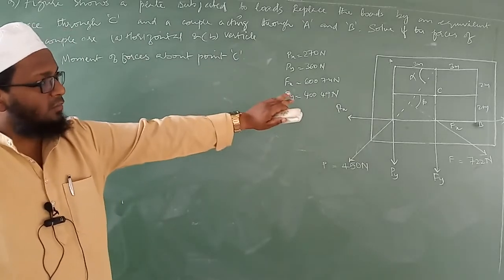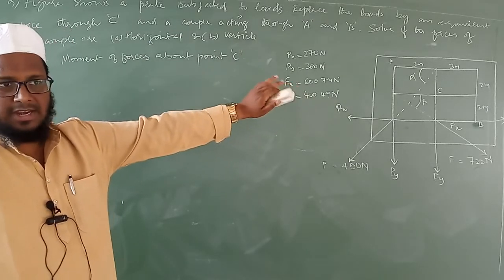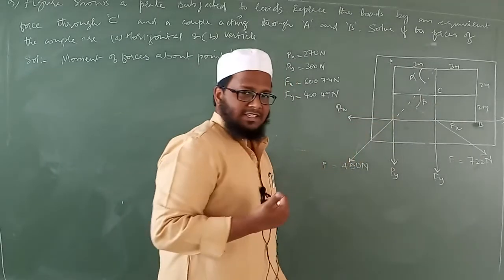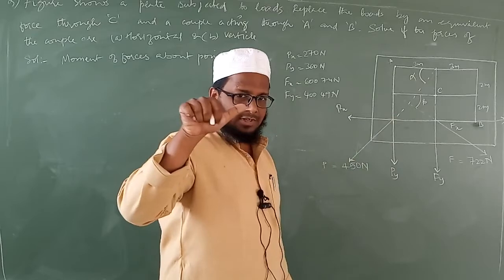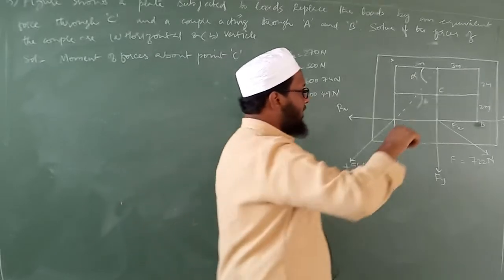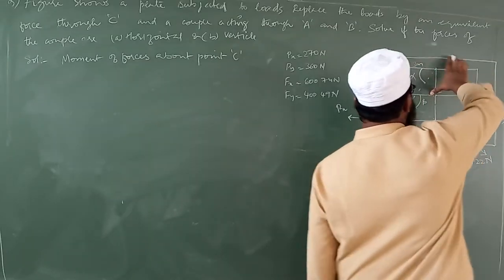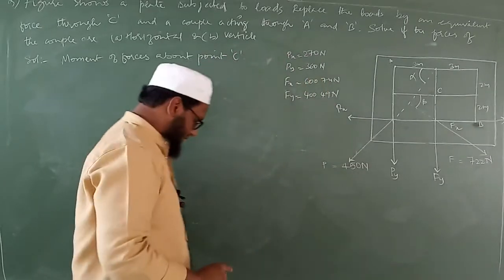Now we'll try to calculate moment at C. How to calculate moment at C? Always use your thumb. Keep your thumb on point C and see the force Px. Px is going in which direction? Clockwise direction.